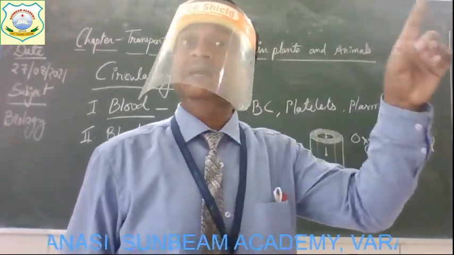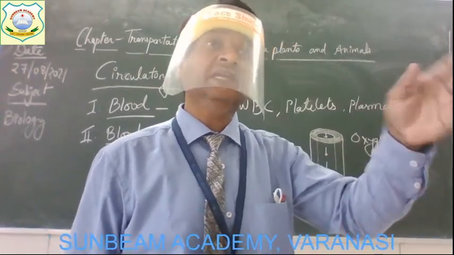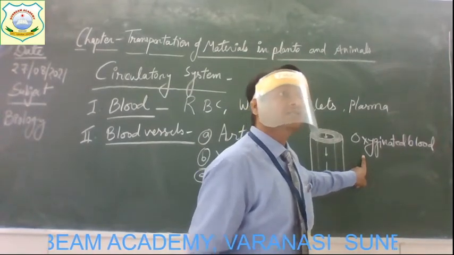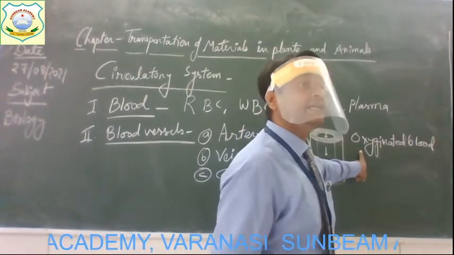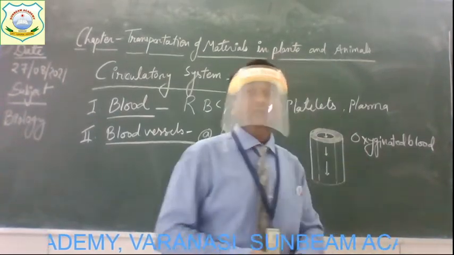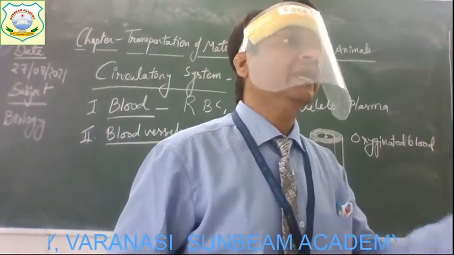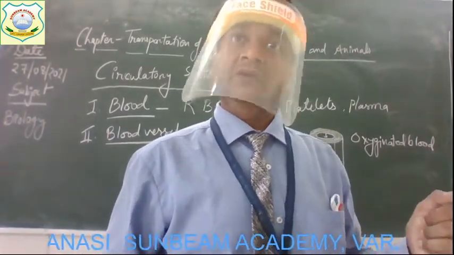Okay, and now they carry such blood. So the blood in which hemoglobin is combined with oxygen is known as which kind of blood? Oxygenated blood. Get it? Oxygenated blood means oxygen-rich blood.